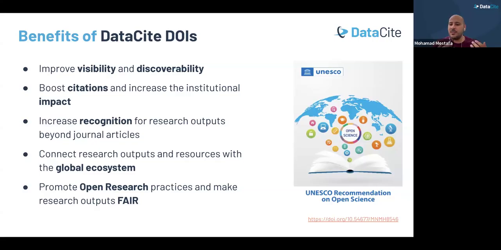Because you have a lot of harvesters, as you will see in my upcoming slide, who are retrieving this DOI metadata information, making these outputs more visible and discoverable. So if you want more visibility, if you want to boost the global discoverability of your platform, your repository, integrating dataset DOIs will also help you achieve this goal.